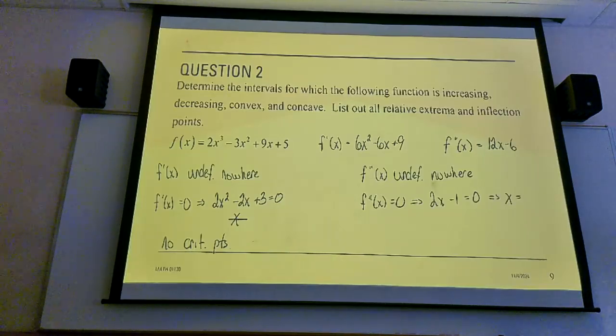So what's x? 1/2. Is 1/2 in the domain of f? Yes. Call it c prime to represent critical point of the derivative. And so the derivative has a critical point.